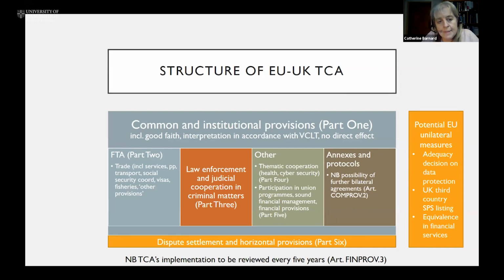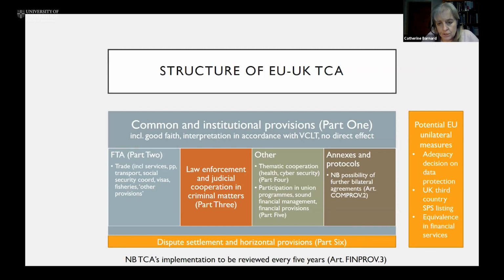Why does that matter? Because the EU does not want to have a relationship with the UK like it has with Switzerland. Switzerland has 120 or so bilateral agreements, and there is no overarching institutional framework that you have in respect of the TCA, which you've got in front of you.